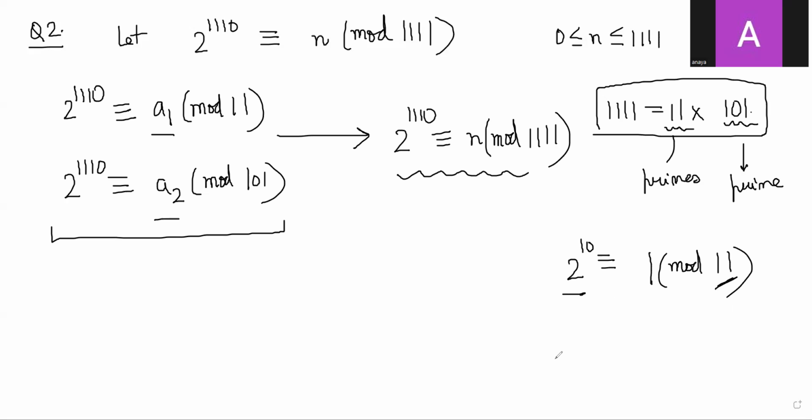Oh, wait. So does that mean n is just 1? What do you mean n is just 1? Because this is not a prime number. Oh, right. And 11 is.